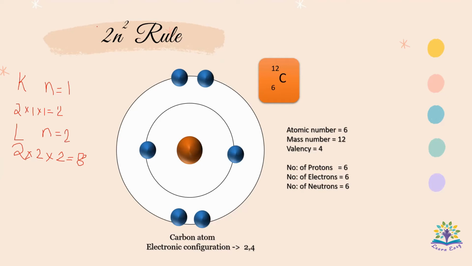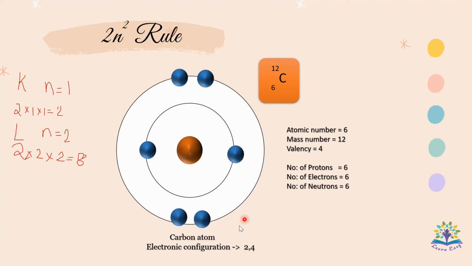Once we know how many electrons a shell can have, we can start distributing the electrons in the orbits or paths. Let's see how. Take the example of carbon. It has 6 electrons. 2 electrons go to the K shell. The remaining 4 electrons are placed in the L shell. So it will have an electronic configuration 2, 4.